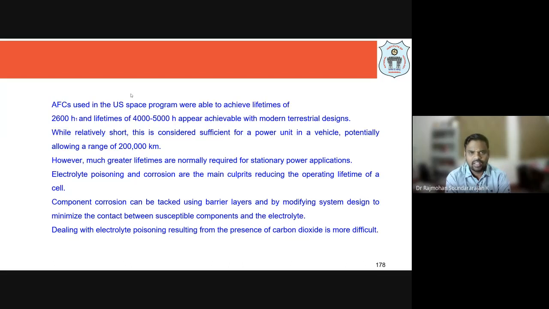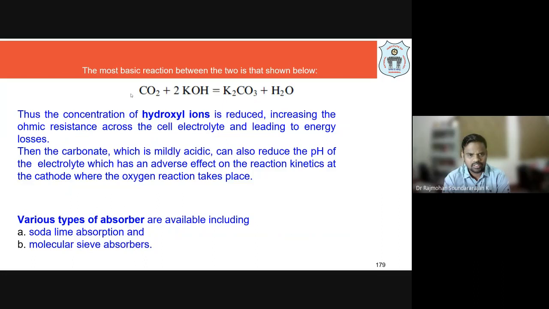We can take care of the component corrosion by using a barrier layer or modifying the system design to minimize the contact between the susceptible components and the electrolyte. And dealing with the electrolyte poisoning resulting from the presence of CO2 is the major difficulty that we face in these alkaline fuel cells.